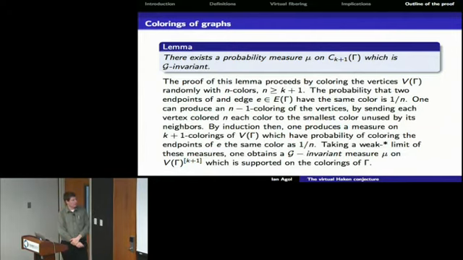Now you take a weak star limit of these measures and obtain a G-invariant measure, which is supported on the colorings, because now the probability that the endpoints of an edge have the same color is 0, because it's a limit of 1 over n. And that's the proof that there exists an invariant coloring.